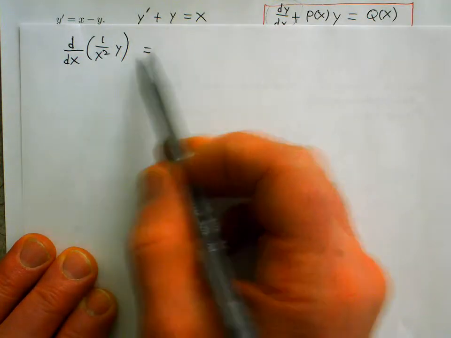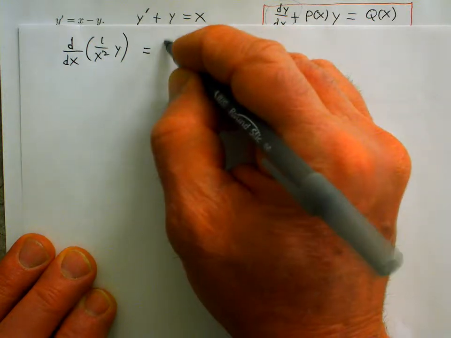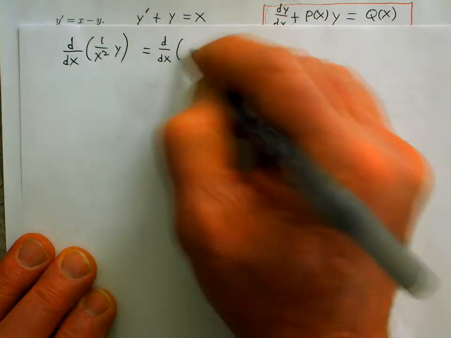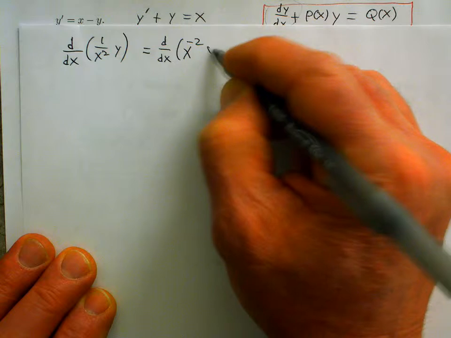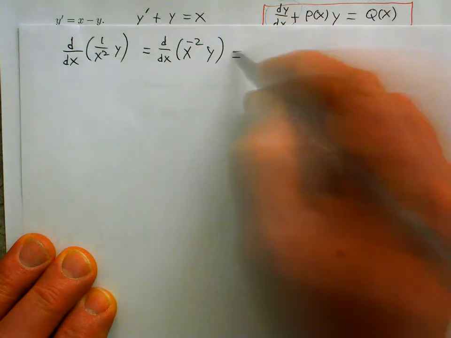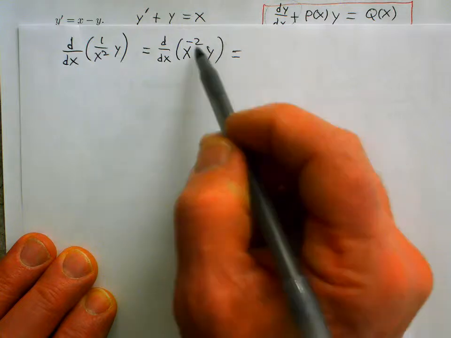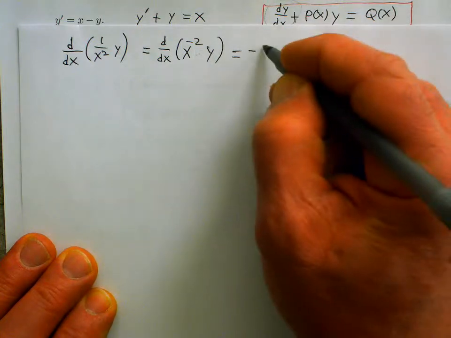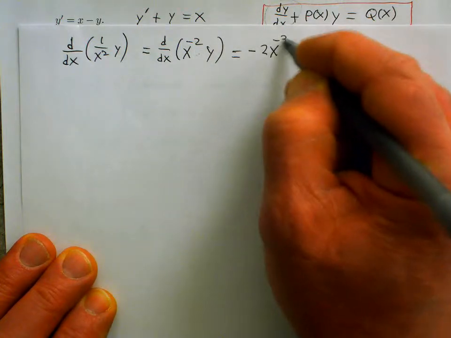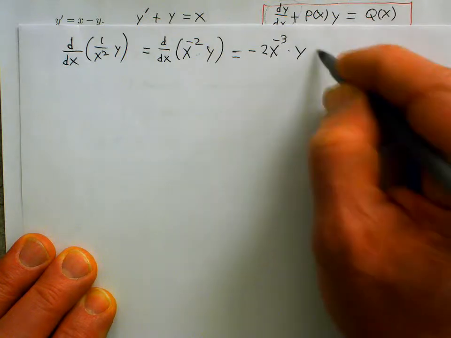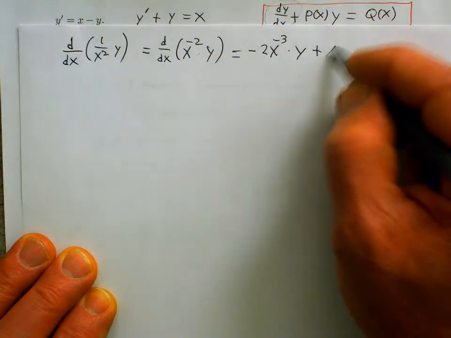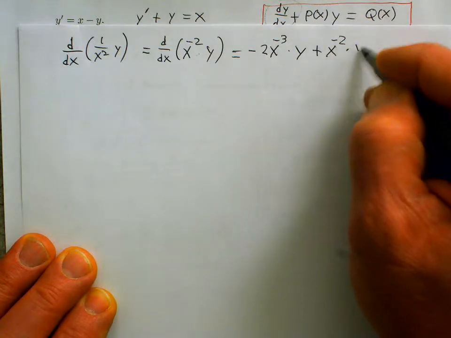So I'm going to think of 1 over x squared as x to the negative 2. So when we apply the product rule, we take the derivative of the function on the left, which is negative 2 times x to the negative 3 times y, and then plus x to the negative 2 times y prime.